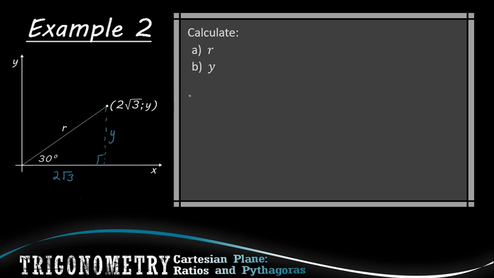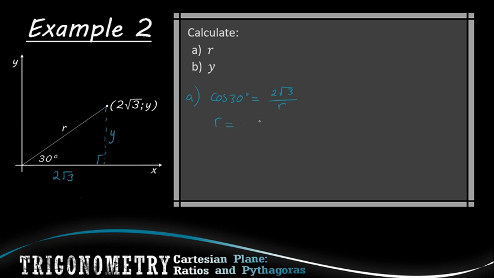The applicable trig ratio is the one that contains adjacent and hypotenuse, so that would be cos. So cos of 30 is equal to adjacent over hypotenuse, so that's 2 square root of 3 over r. Then I solve for r using cross multiplication, so r goes up and cos 30 comes down.